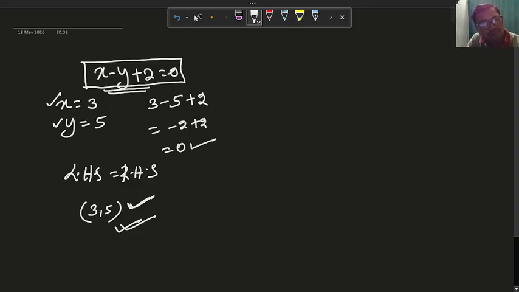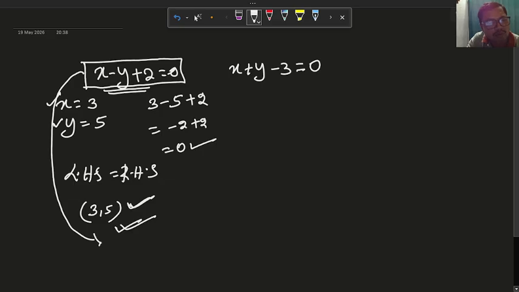Okay. If there are two equations, suppose x minus y plus 2 equal to 0 and x plus y minus 3 equal to 0. X minus y plus 2 equal to 0 has so many solutions.